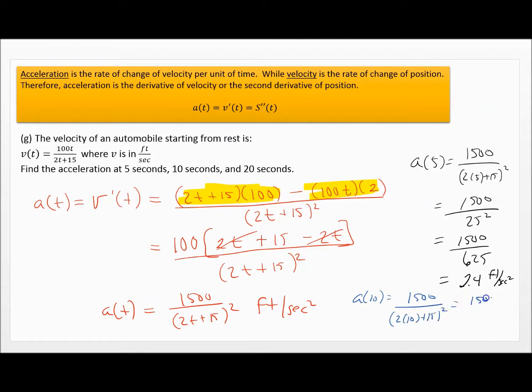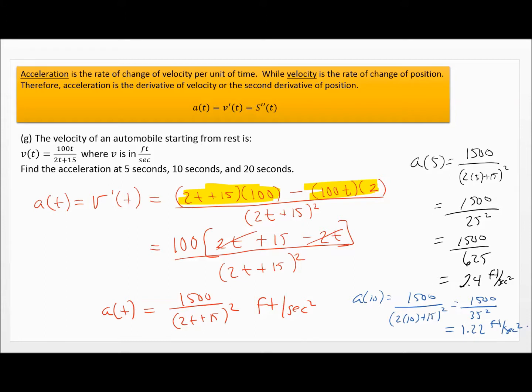So that's 20 plus 15, that's 35 squared. When I type 1,500 divided by 35 squared in my calculator, that gives me 1.22. If I just round to 2 decimal places, 1.22 feet per second squared.